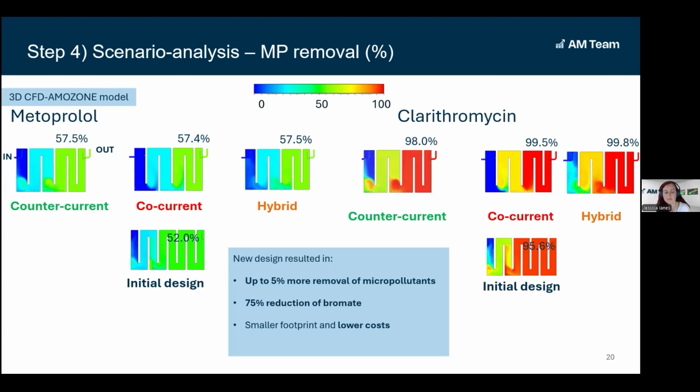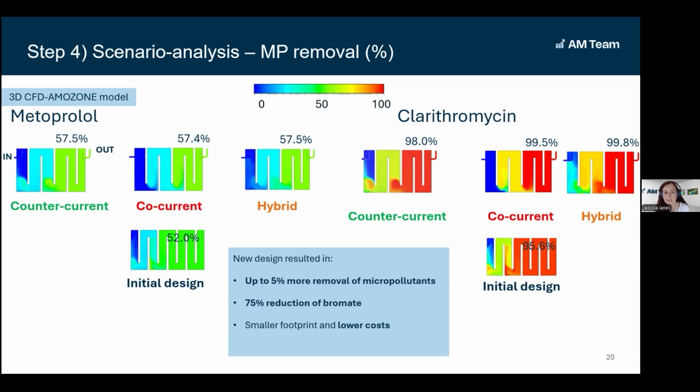So we actually could indicate still a large improvement in reducing the footprint and at the same time lowering the costs. So it's actually feasible to reduce the footprint thanks to this analysis. The fact that the water matrix is eating the ozone very fast means the residuals in the end are quite low already after injection.